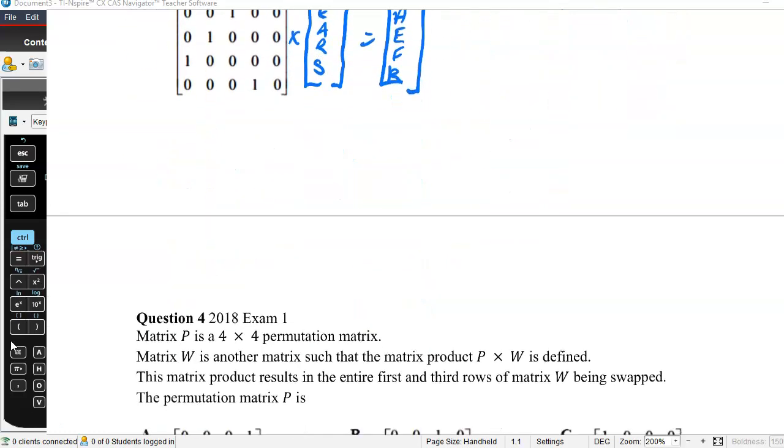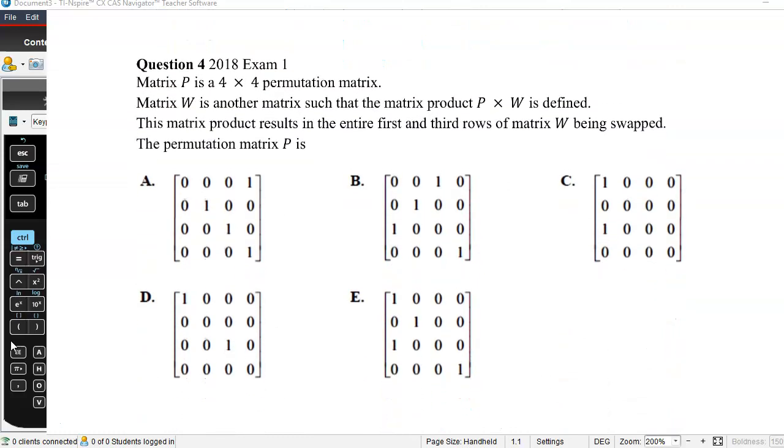Now let's look at another example. This is from the 2018 exam. It's question 4. Matrix P is a 4x4 permutation matrix. Matrix W is another matrix such that matrix product PW is defined. Now remember, what does that mean?